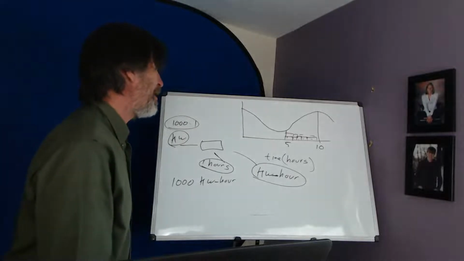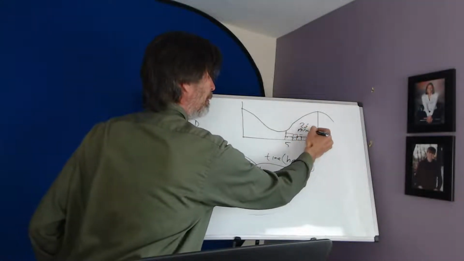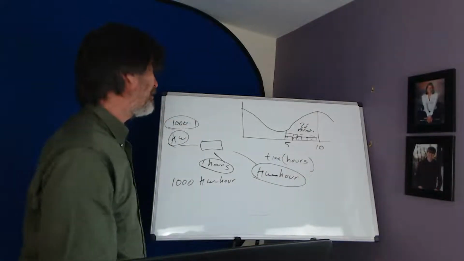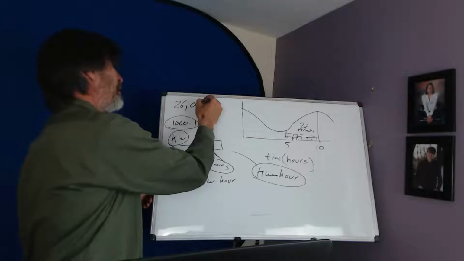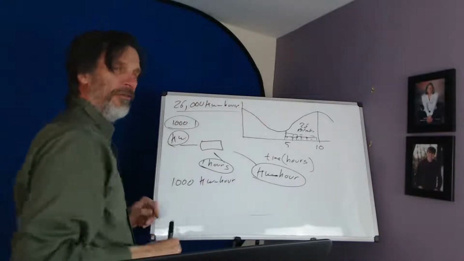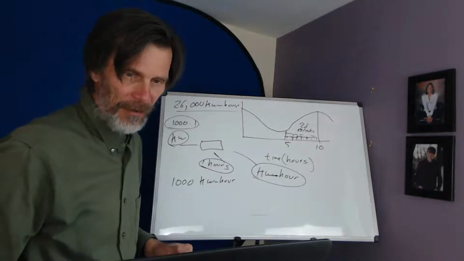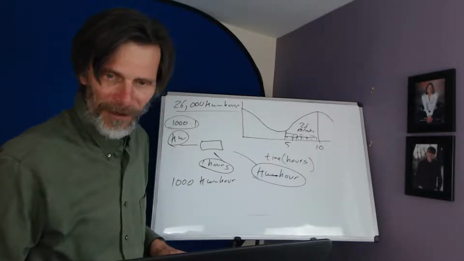I guess maybe about 26 blocks. If I wanted an estimate on that, so 26 blocks times 1,000, I would guess about 26,000 kilowatt hours for part C.